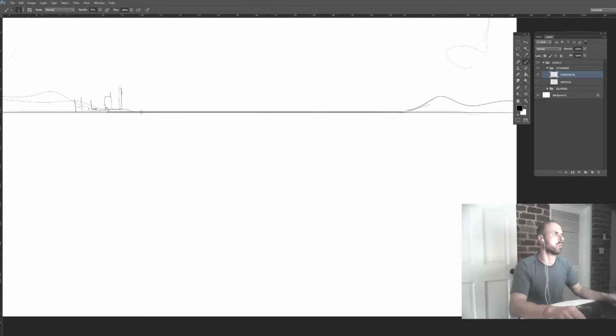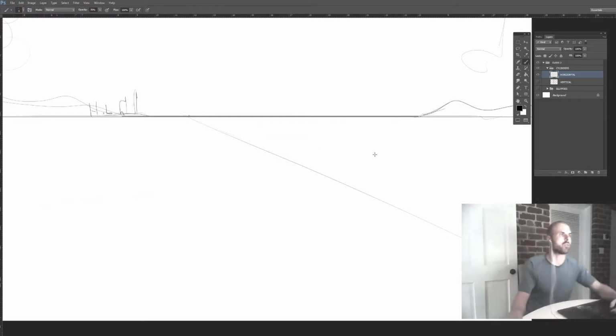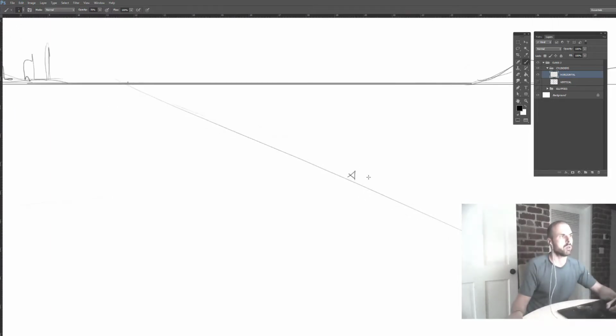The next thing that I'm going to do is the same thing that we did for vertical cylinders. In the horizontal cylinders, the first thing that I'm going to do is to sketch an axis.